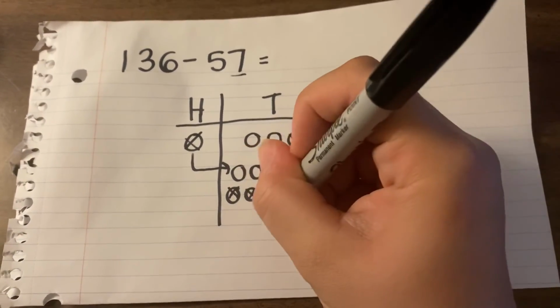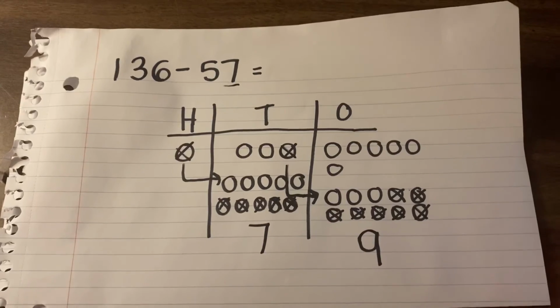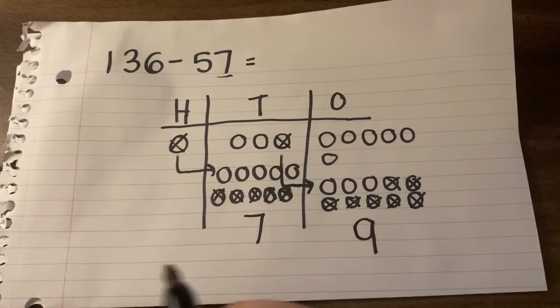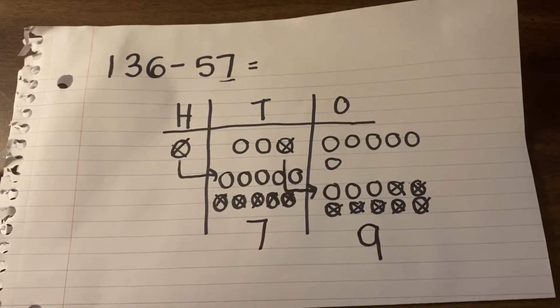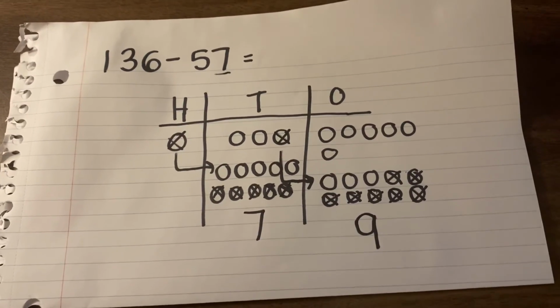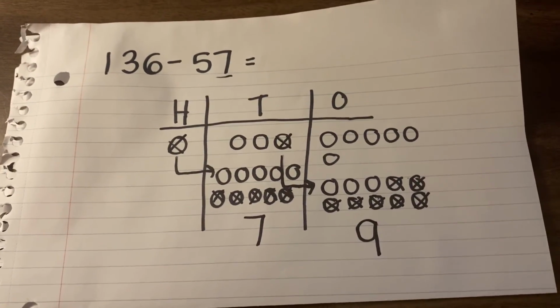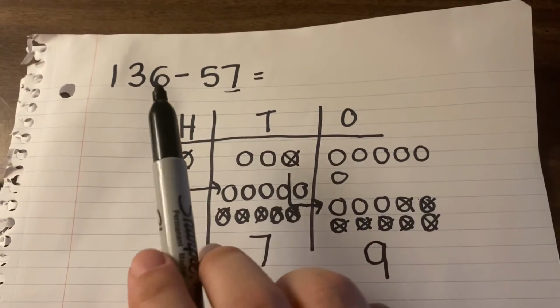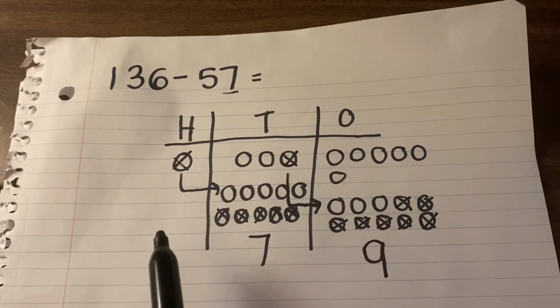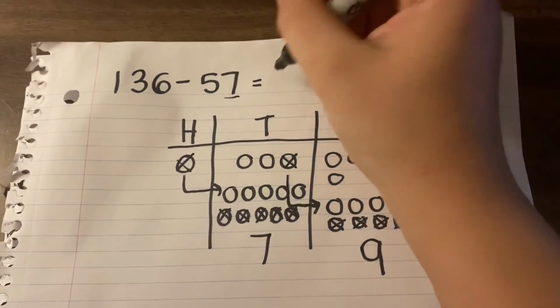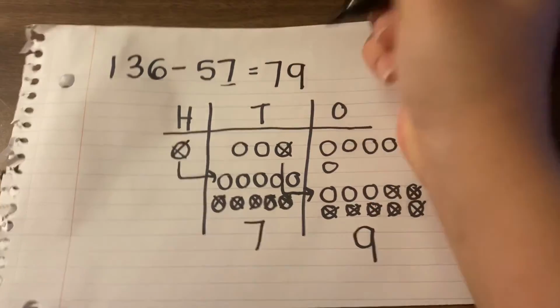Left us with 7. And I don't have any more hundreds now. So the answer to our problem of 136 minus 57 is 79, yes. Great.